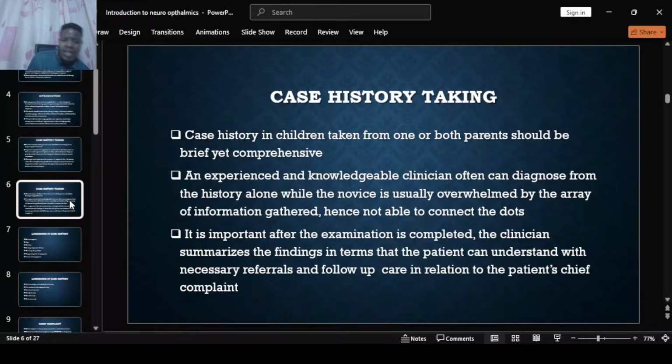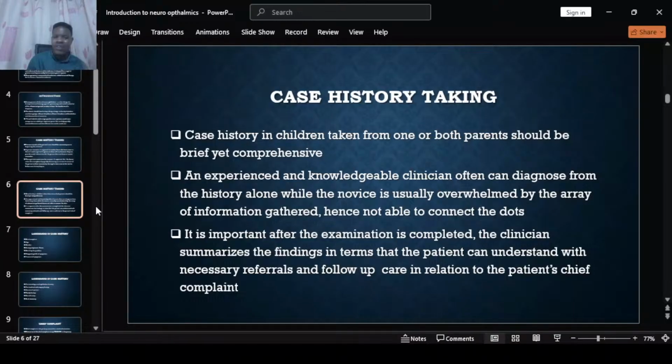It is important that after the examination is completed, the clinician summarizes the findings in terms that the patient can understand, with necessary referrals and follow-up care in relation to the patient's chief complaint. So we want to always address the chief complaints. The patient should not come for, probably, double vision, and at the end of the day we are talking about glasses, unless the glasses are going to solve the double vision.